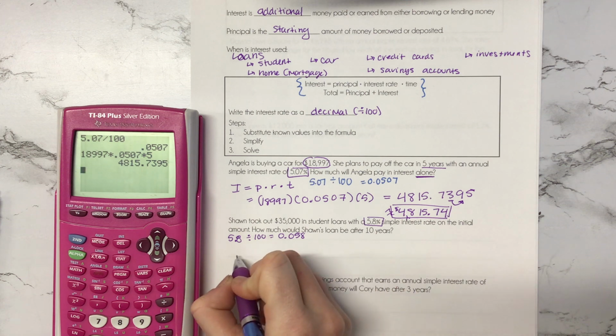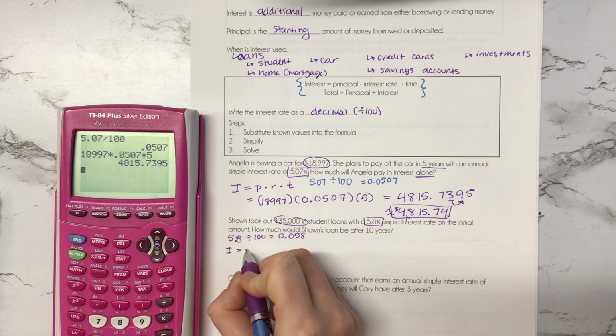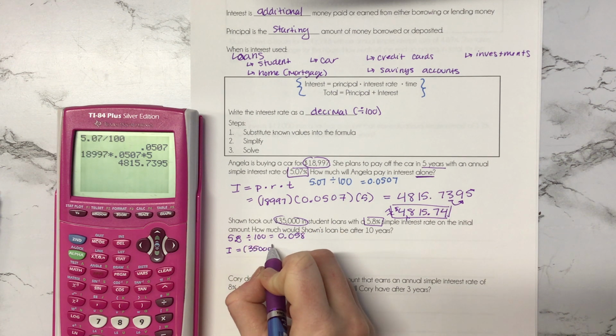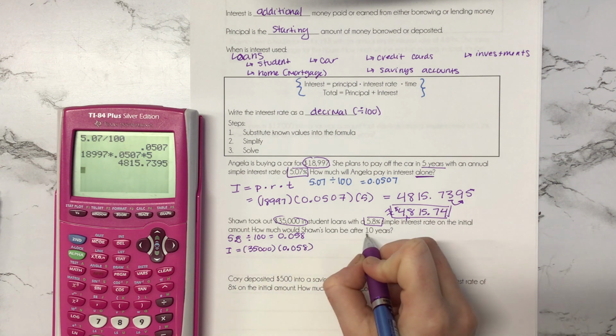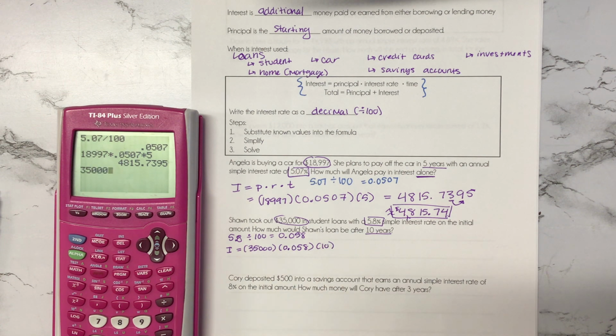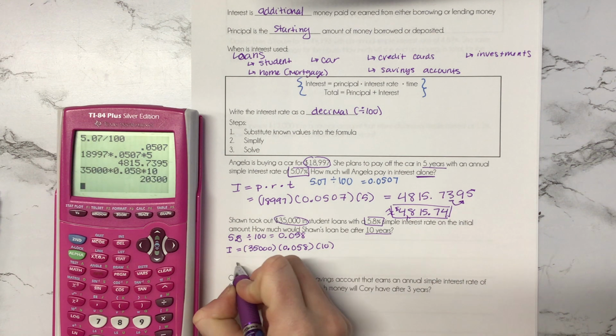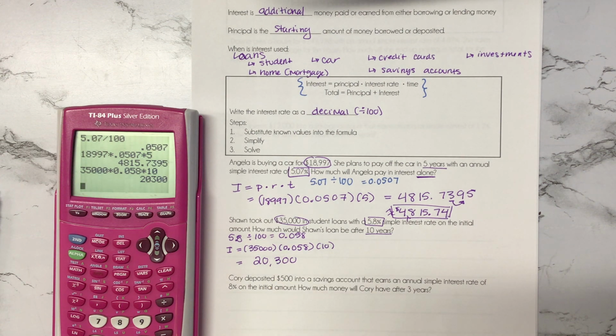Okay, then my interest is equal to the principal amount, 35,000, times that interest rate as the decimal, times the length of time of 10 years. So I'm just going to put in my calculator, multiply it all together. So 35,000 times 0.058 times 10 is $20,300. Okay, so that's just the interest.